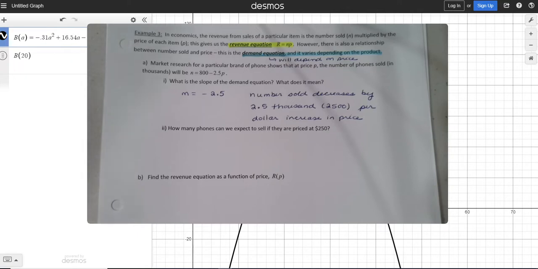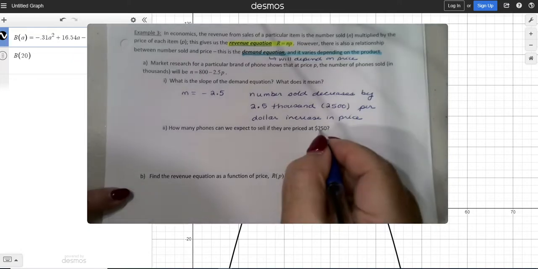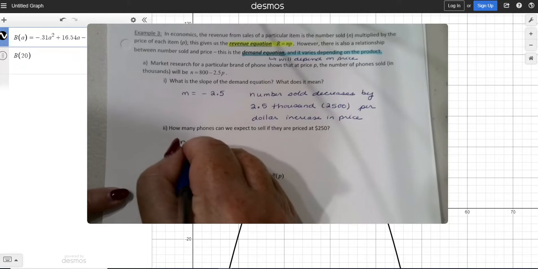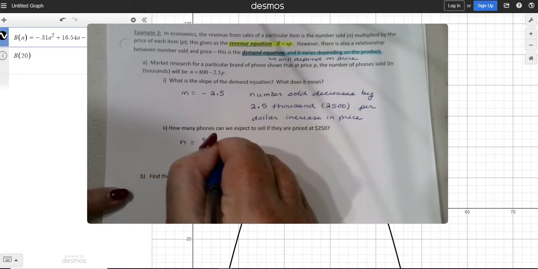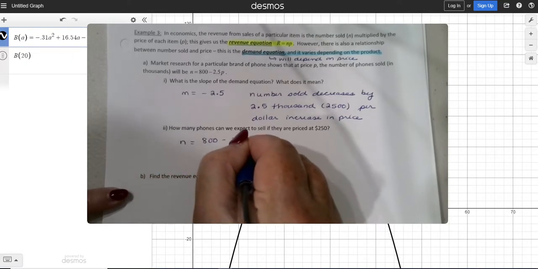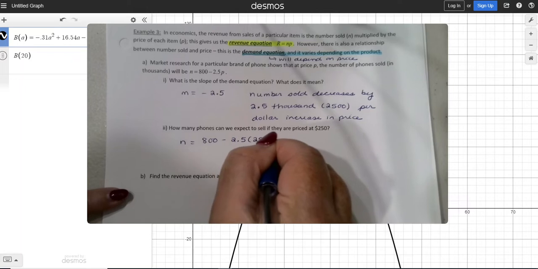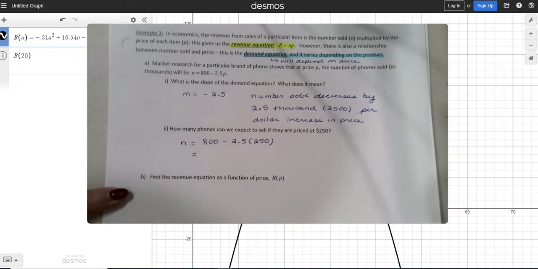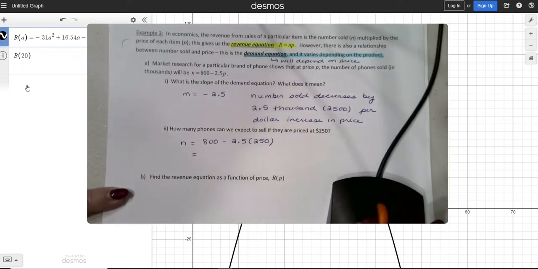So the question is, how many phones could we expect to sell if they're priced at $250? So the price is $250, n would then be 800 minus 2.5 times 250. And let's just do the arithmetic here.